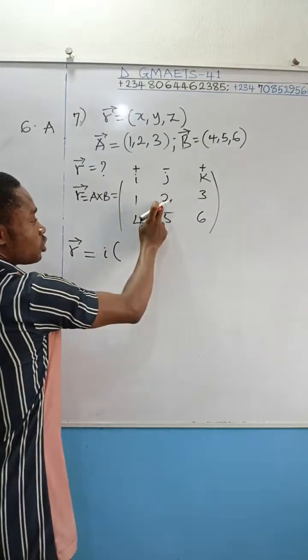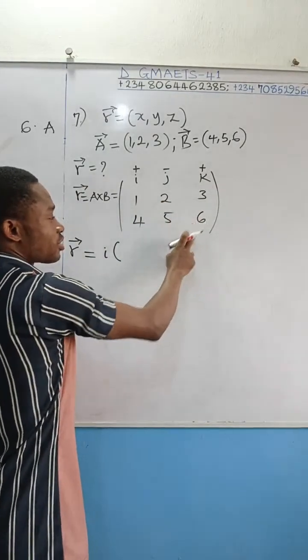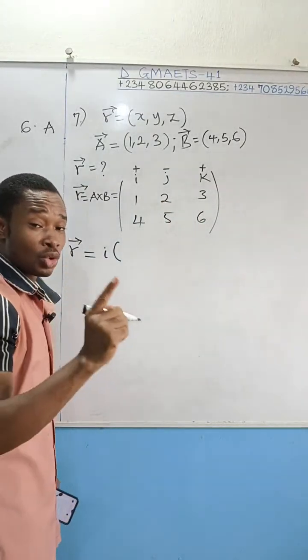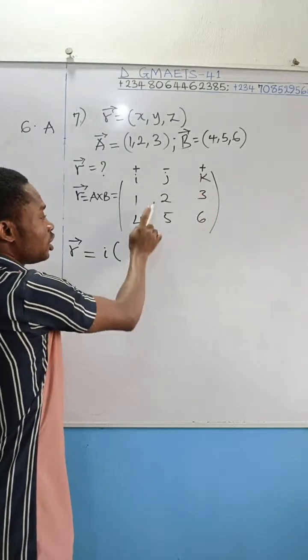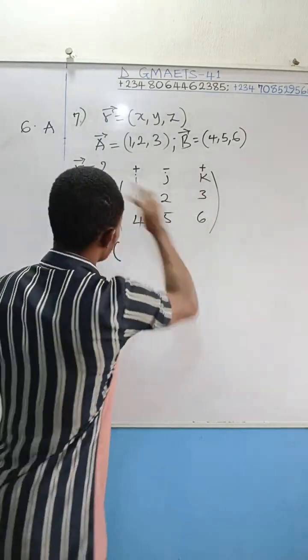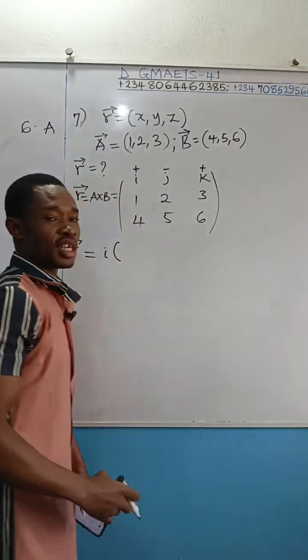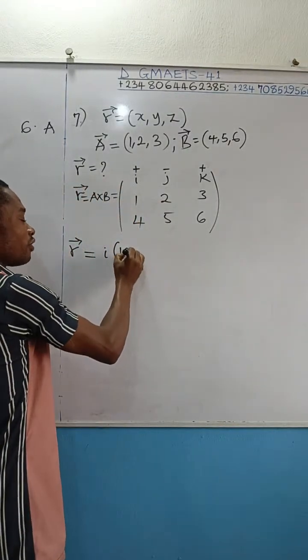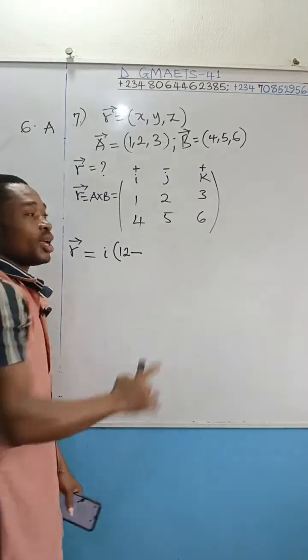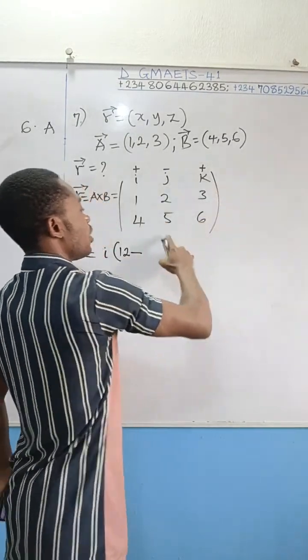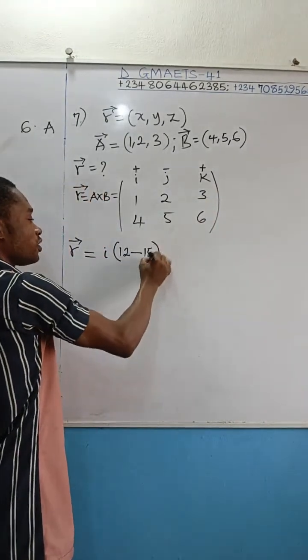So you see, you'll be left with 2, 3, 5, and 6. Then watch the way you handle the elements that are left. You're going to multiply this way first. 2 times 6, and 2 times 6 will give you 12. Then fix minus. And then multiply this way, 5 times 3, which will give you 15.